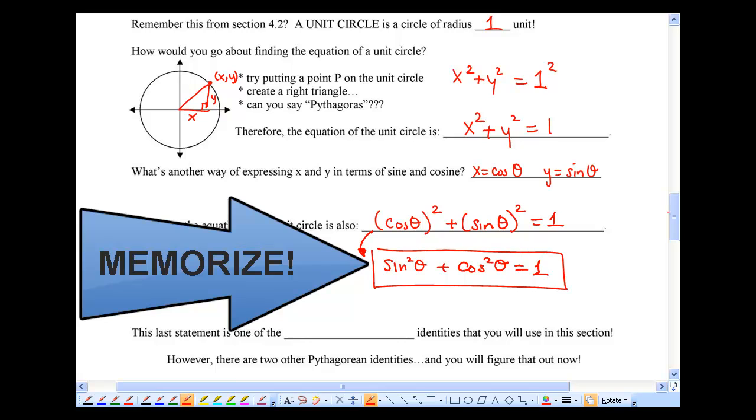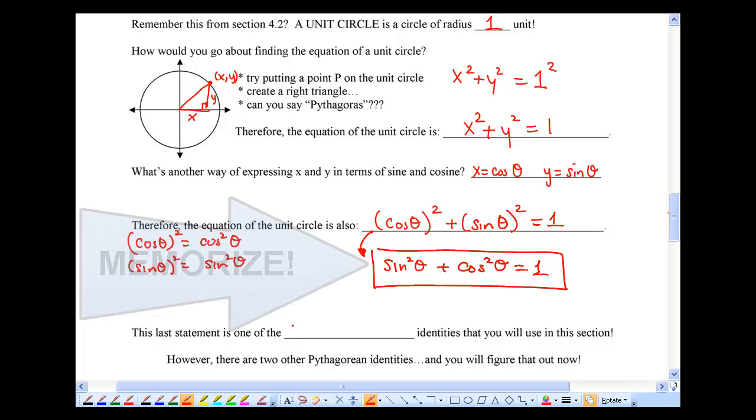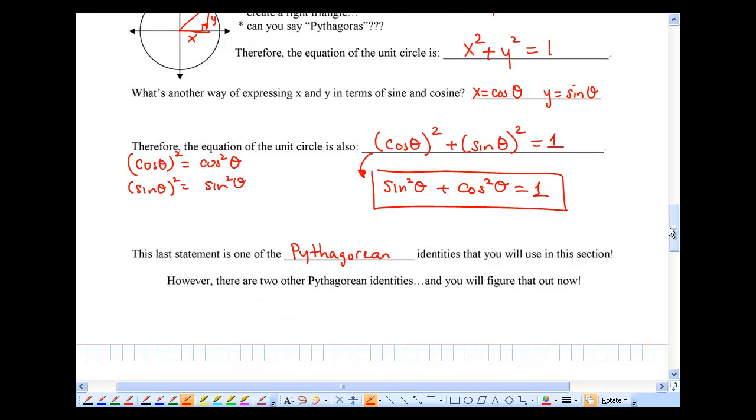This is very important. It actually has a special name. It's one of the Pythagorean identities. Of course, why, you might be asking? Because Pythagoras kind of came up with this, right? Now, that's just one of the Pythagorean identities. There's actually 2 more.